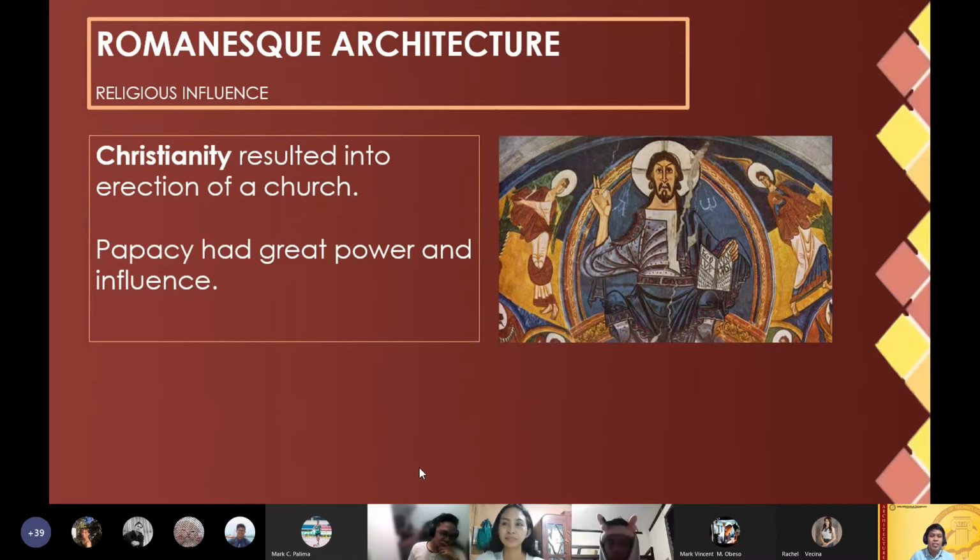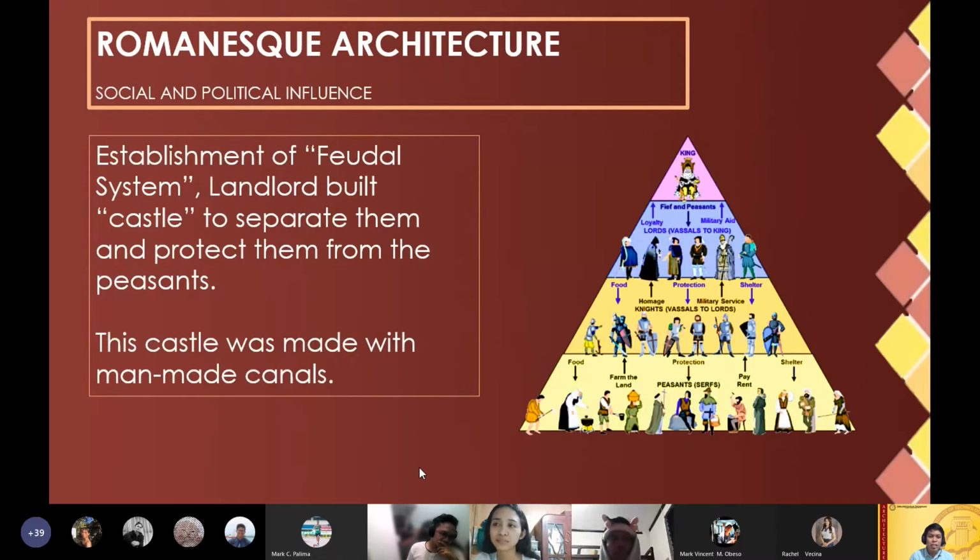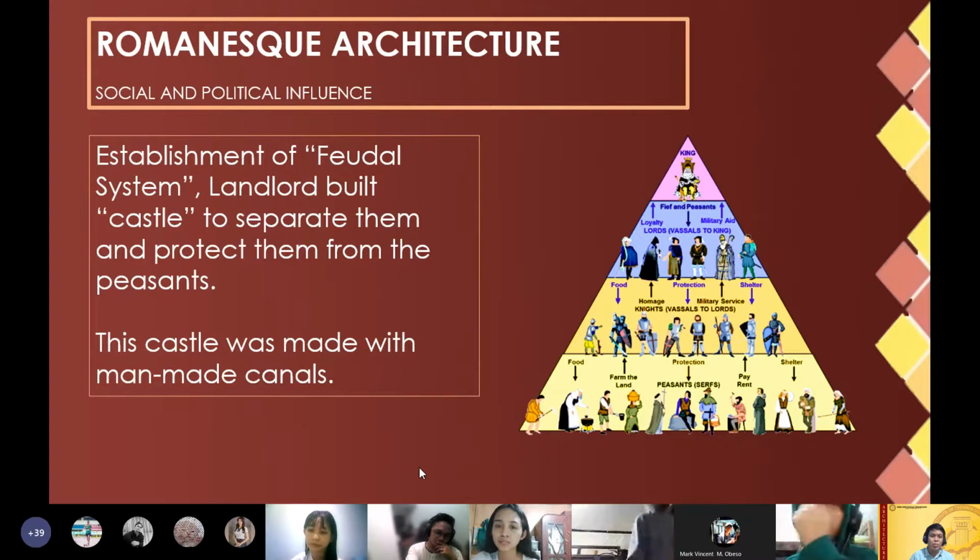How about here? Social and political influence. So during the Romanesque architecture, in terms of social and political influence, this is the time na gi-establish ang feudal system or the landlord, which the landlord kanang nakay king, queen, nakay mga big boss. So the landlord built castle to separate them and protect them from the peasants. So this castle was made with man-made canals.